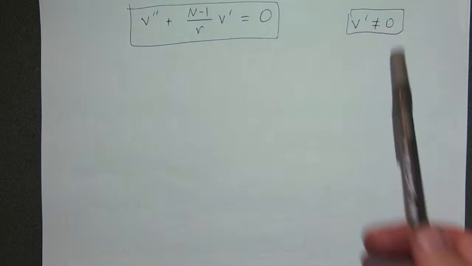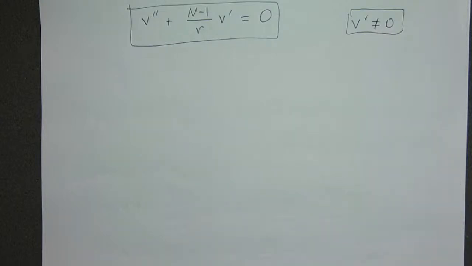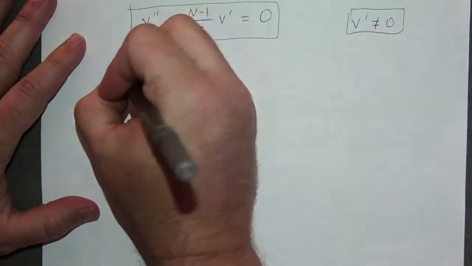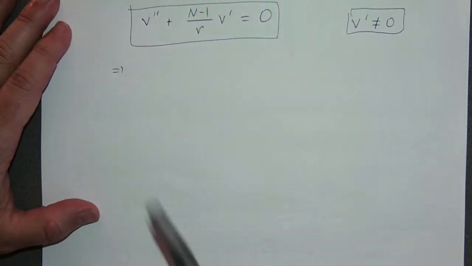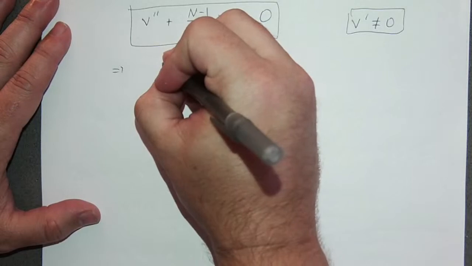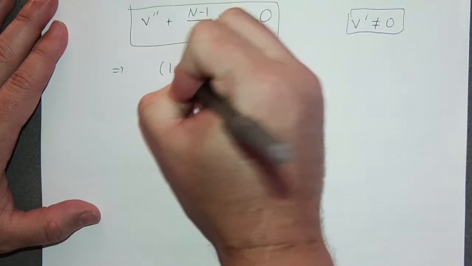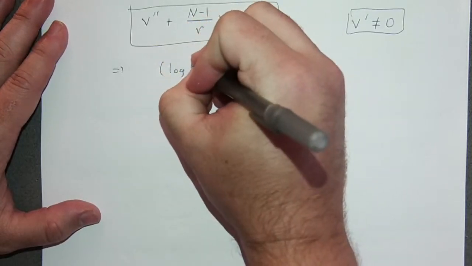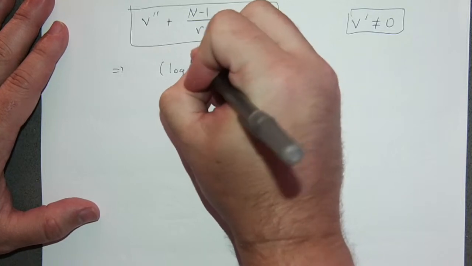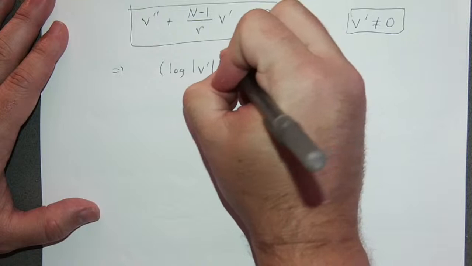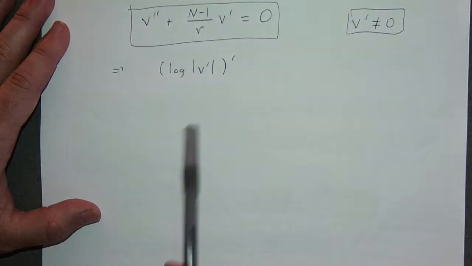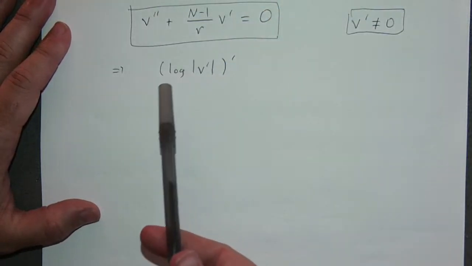Then, if v prime is not 0, I can rewrite this ODE in the following way. I can write this as the derivative of log of the absolute value of the derivative of v. What is this?